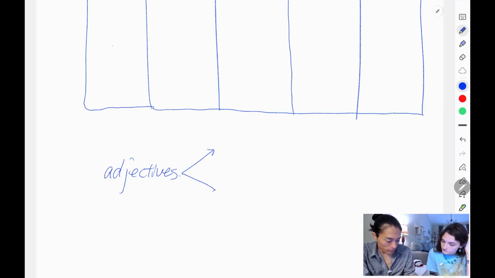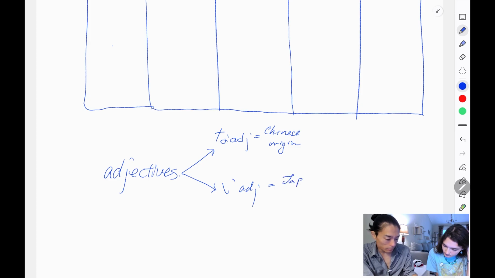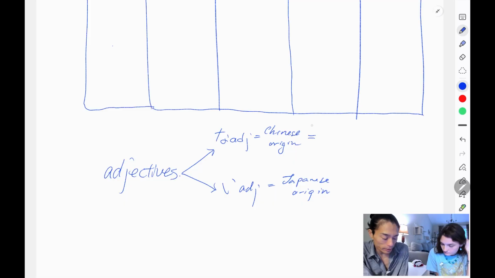In Japanese, we have two types of those. One is na-adjective. The other is i-adjective. The na-adjectives are of Chinese origin, and the i-adjectives are of Japanese origin, and these change. Because na-adjectives are of Chinese origin, of course all the words that came over were in Chinese characters.